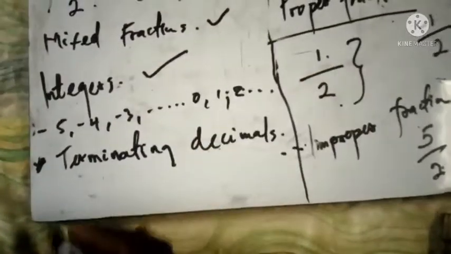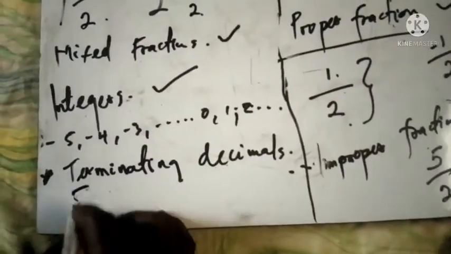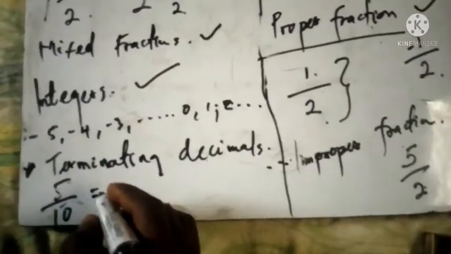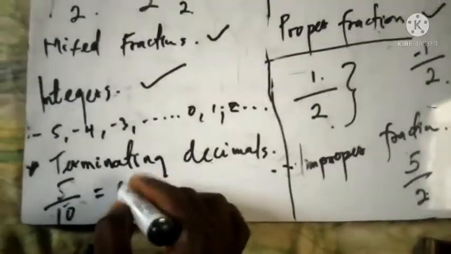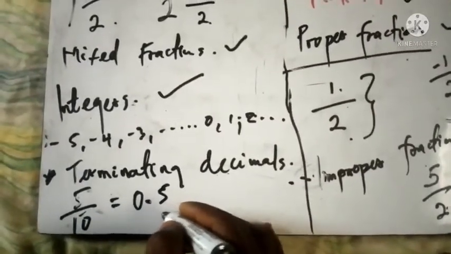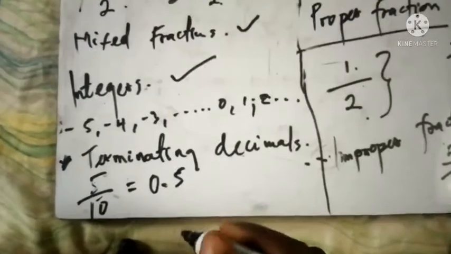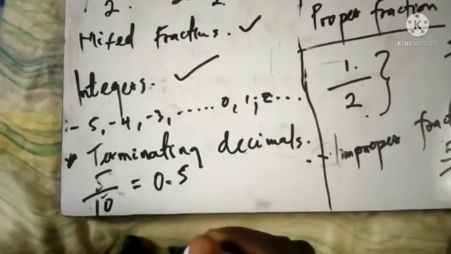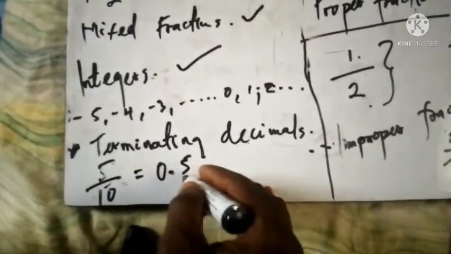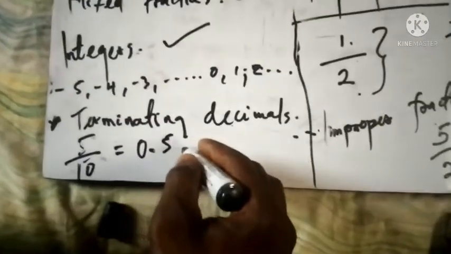So let's say when I have 5 over 10, this can be written as 0.5. If you don't understand how I convert this, you need to stay focused, or let me have your comment in the comment section below. Is that okay? So 0.5. Obviously I don't have any number beyond that. It terminates.